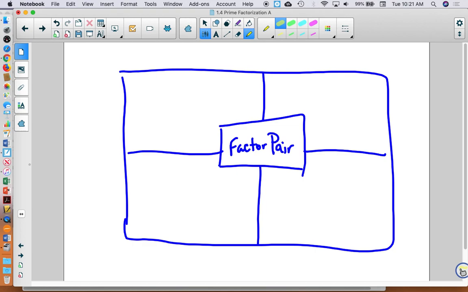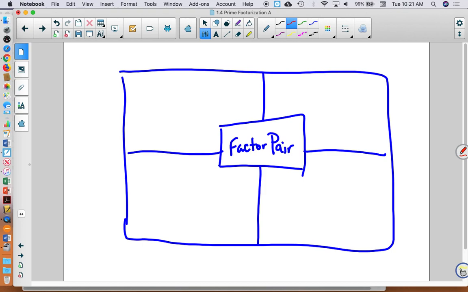How would we define factor pairs? How can we write a definition? Do you know what I'm talking about when I say factor pairs? Two factors that go together.